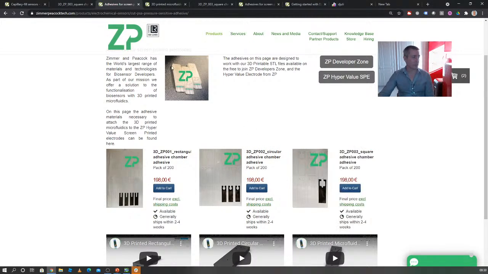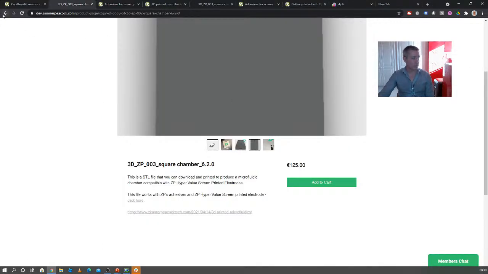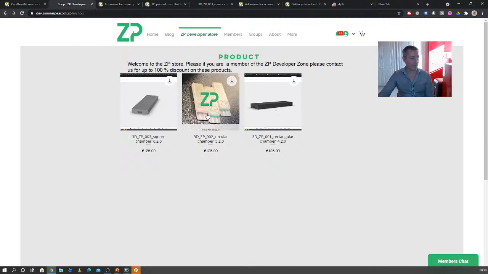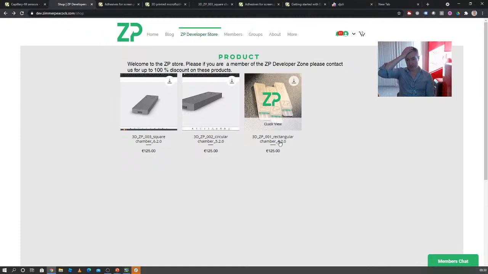That's because on the developer zone we have 3 types of chambers: square, circular, and rectangular. So you need the corresponding adhesive to go with that 3D printed part. Essentially, you have a screen printed electrode, you put an adhesive on top of it, and on top of that you put the 3D printed chamber, and now you've made yourself a biosensor.